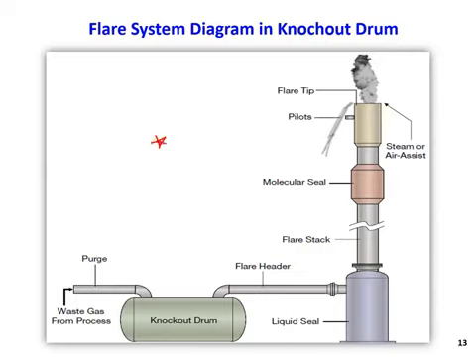So this is an important figure that you need to know. We have our gas coming from different equipment. Sometimes we need to add or remove some gas by purging. Most of the time it is adding.